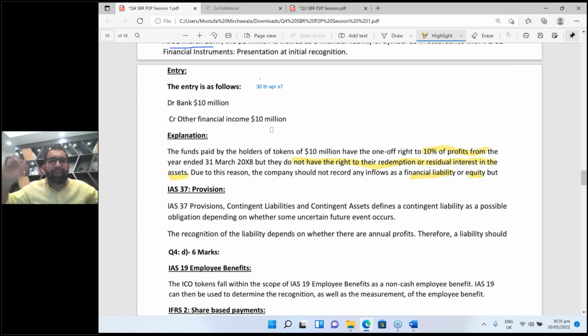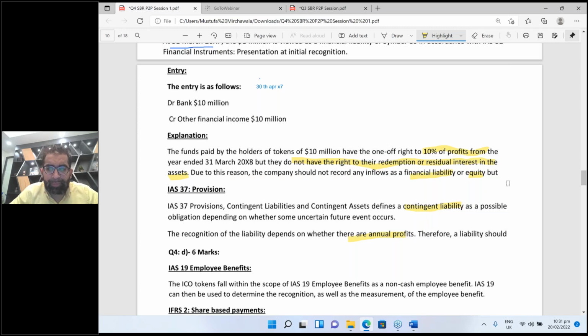Okay, now finally, about the 10% profits deal. IAS 37 defines a contingent liability as a possible obligation depending on whether some uncertain future events occur. I told you the recognition of the liability depends on whether there are annual profits.